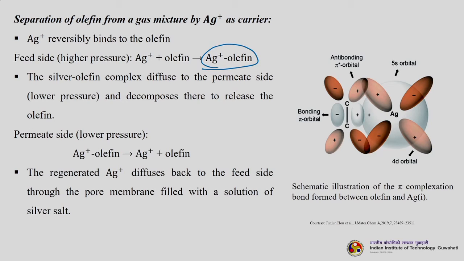In the permeate side the complex dissociates again to silver and olefin. The regenerated silver diffuses back to the feed side through the pore membrane filled with a solution of silver salt. This is the schematic illustration of how the pi complexation bond forms between olefin and silver. It is not a reaction, basically, you can say it is the bonding between silver and olefin.